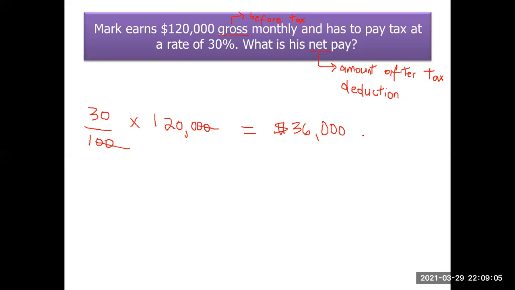This 36,000 is the tax that will be taken out of his pay. Since this is a tax that will be taken out of his pay, we're going to subtract, all right? So let me write that here, that's the tax. So now we're going to subtract our 36,000 from our 120,000.